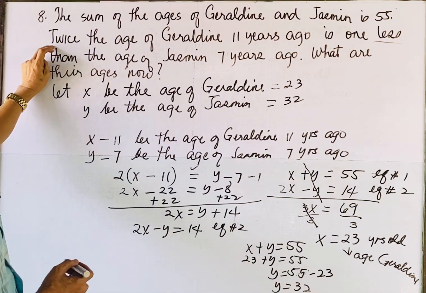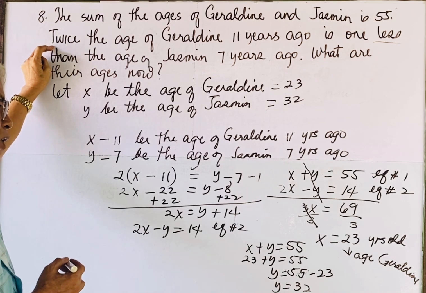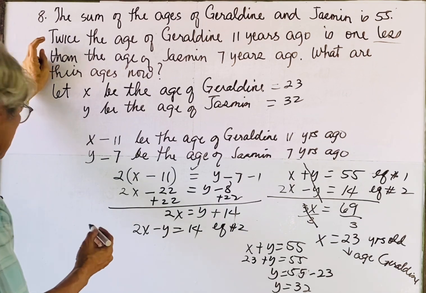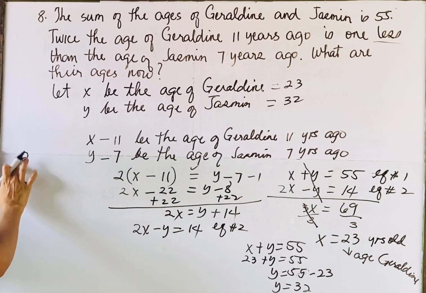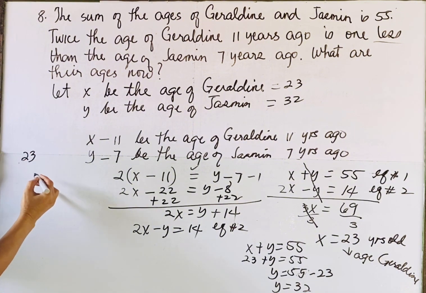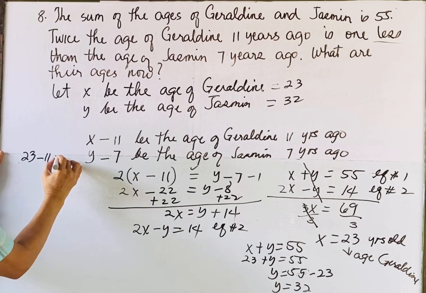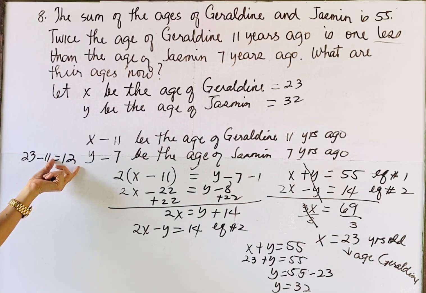Sabi doon, twice the age of Geraldine 11 years ago. So what should be the age of Geraldine 11 years ago? If today, Geraldine is 23, okay, 11 years ago, she was 12, 12 years old.